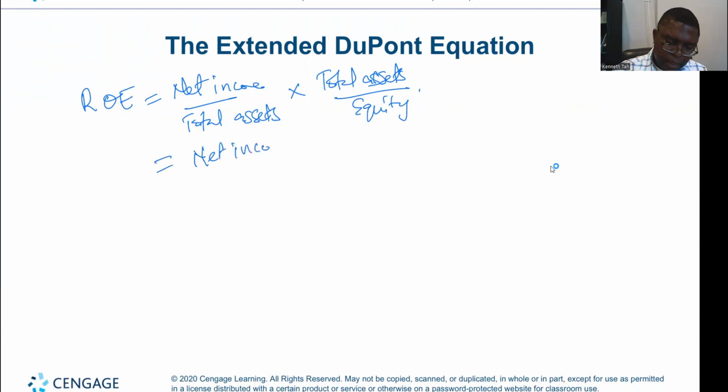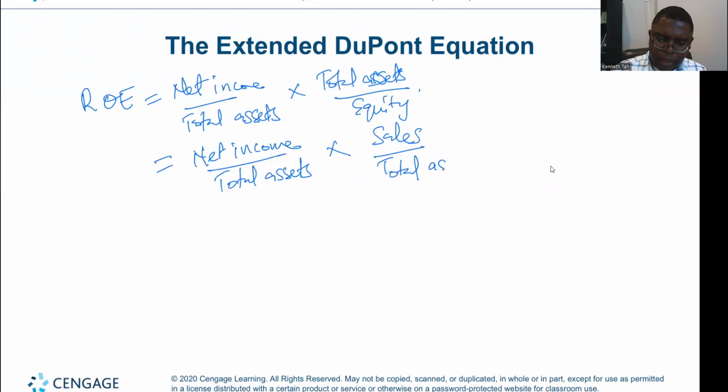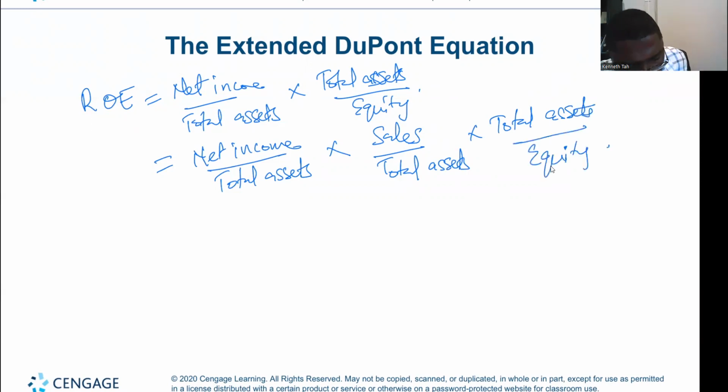So this is net income divided by total assets times, and I can insert sales here, sales divided by total assets, times total assets divided by equity. If I do that, I'm actually breaking this first part of the equation.